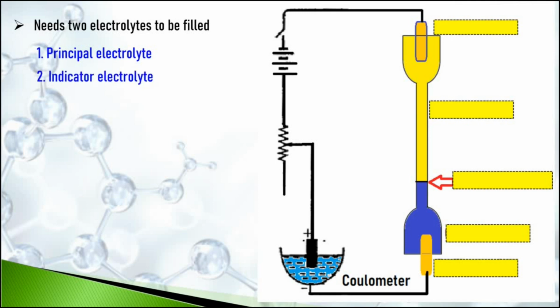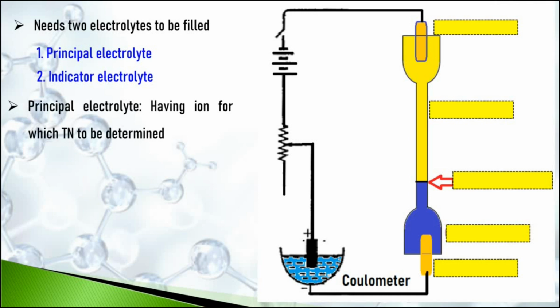The principal electrolyte is the electrolyte that has the ion for which transport number is to be determined. In this case, our aim is to determine the transport number of hydrogen ion. So we have taken HCl solution as the principal electrolyte, which is filled here in the thistle tube. It has been shown with yellow color.